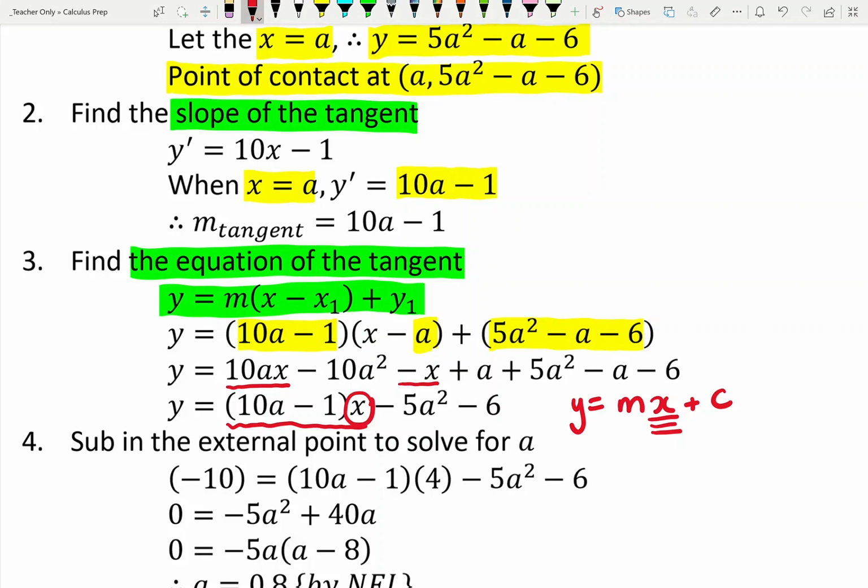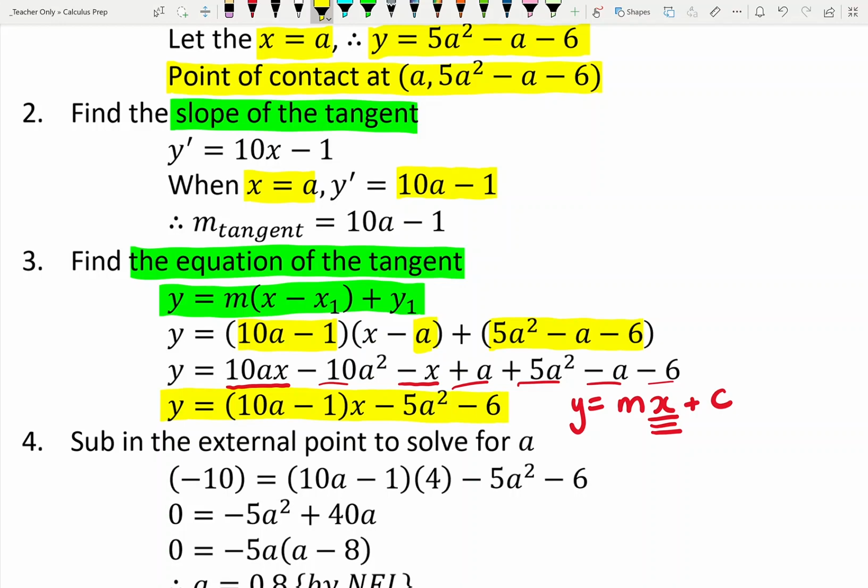From there we've collected everything else. Minus 10a squared plus 5a squared is minus 5a squared. Plus a minus a cancels out and we're left with minus 6. So now you can see that we've actually got an equation for our tangent, but it is an algebraic equation.